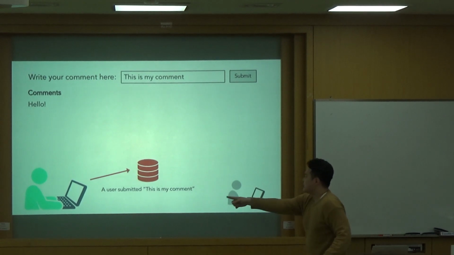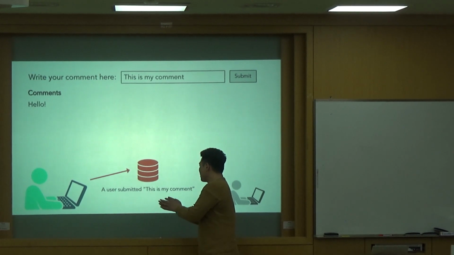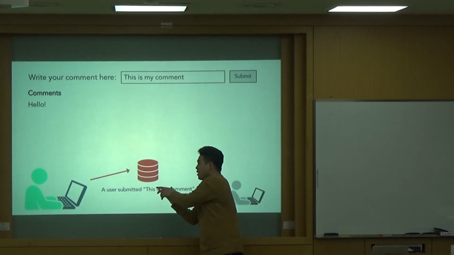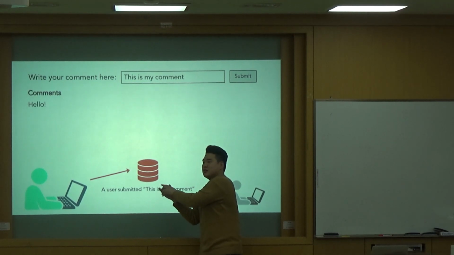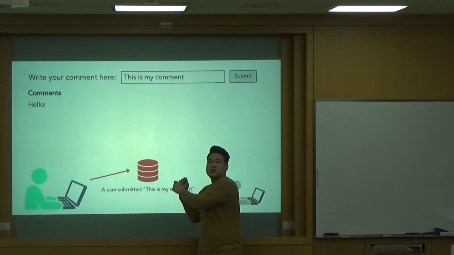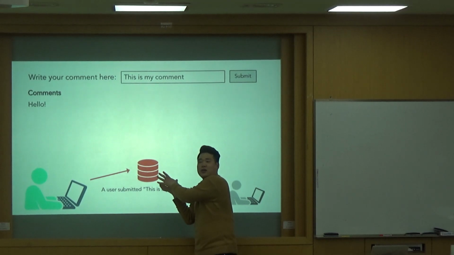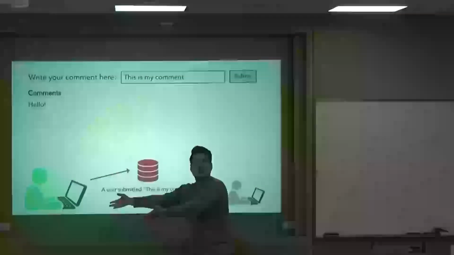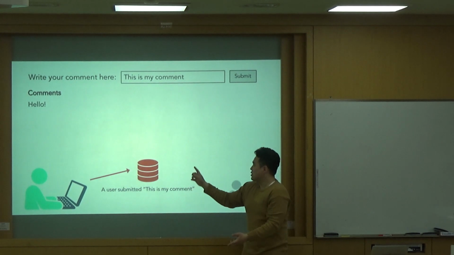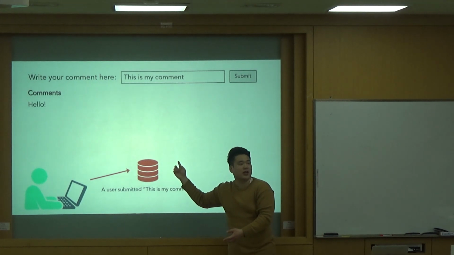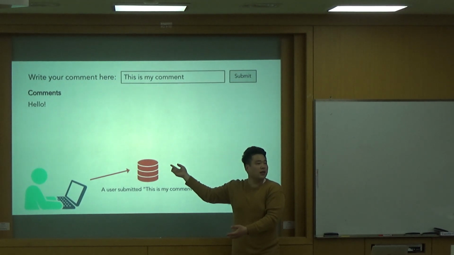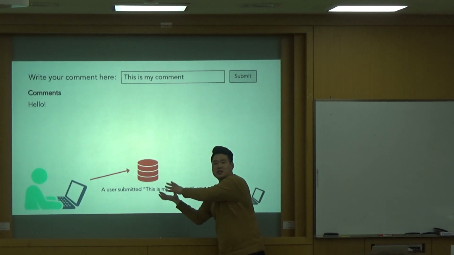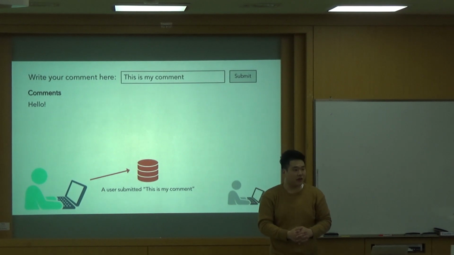Whenever this user sends a signal that, hey, I'm submitting, this is my comment, then this system should understand this request, and it should do some operation inside of this computer, right? And after that, send some signal back, oh, I'm done. So this system should be kind of a computer, right? That means we need to have another computer to maintain this data.